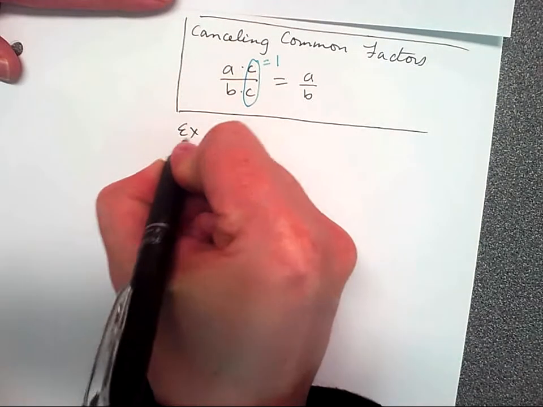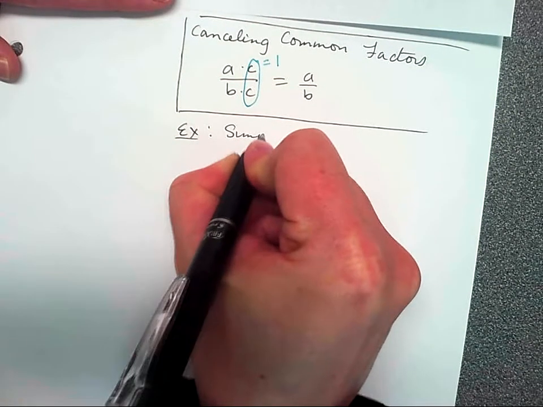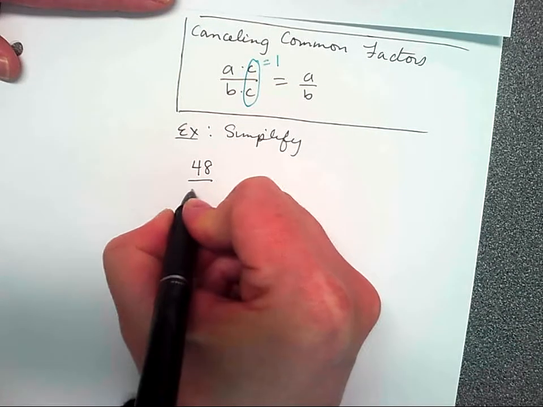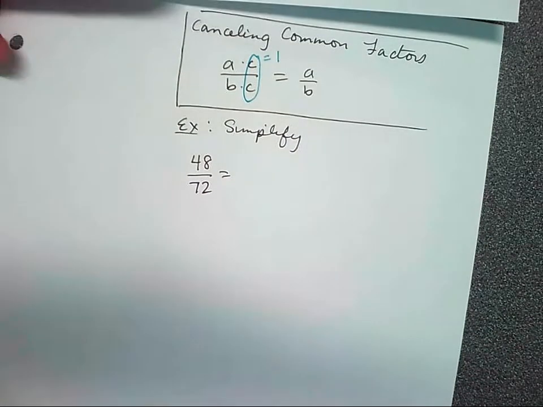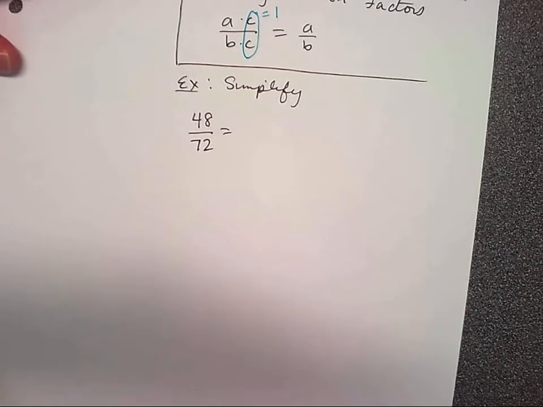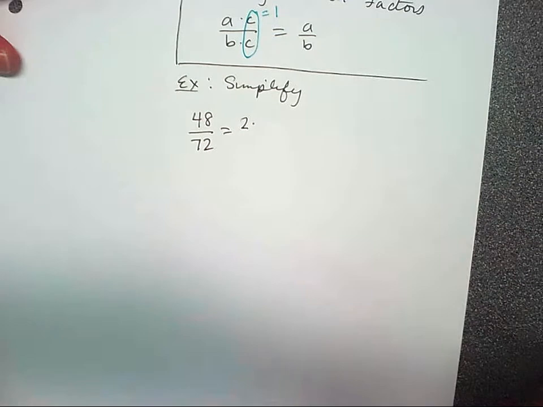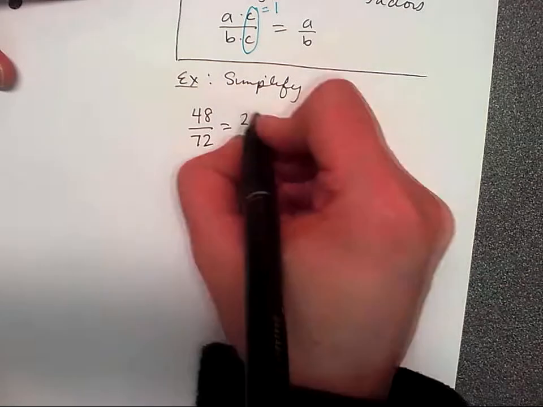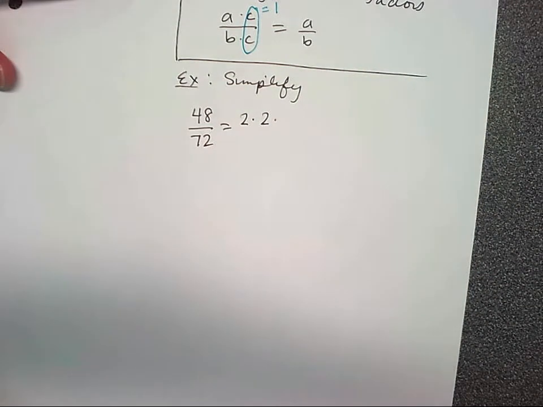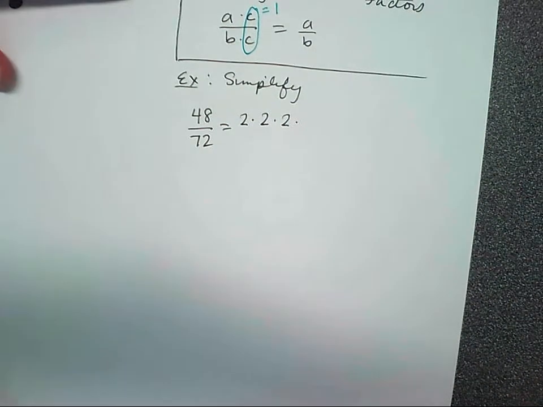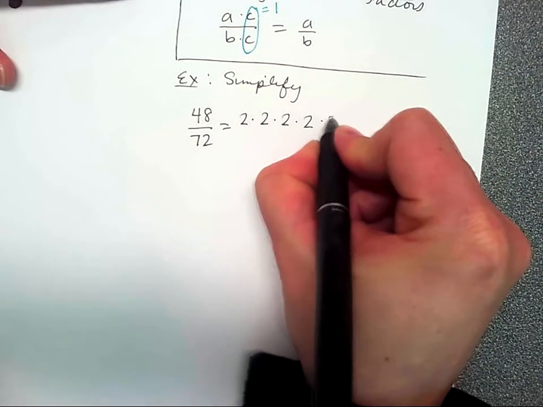So let's do an example. Simplify 48 over 72. So let's write out the prime factorization. 48 equals 2 times what? Times 24. 24 is 2 times what? 12. 12 is 2 times what? 6. 6 is 2 times what? 3.